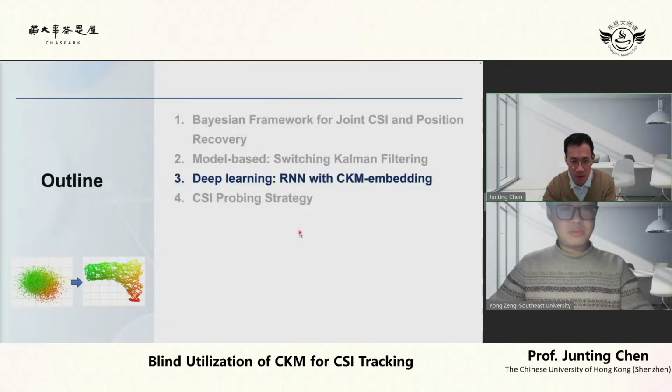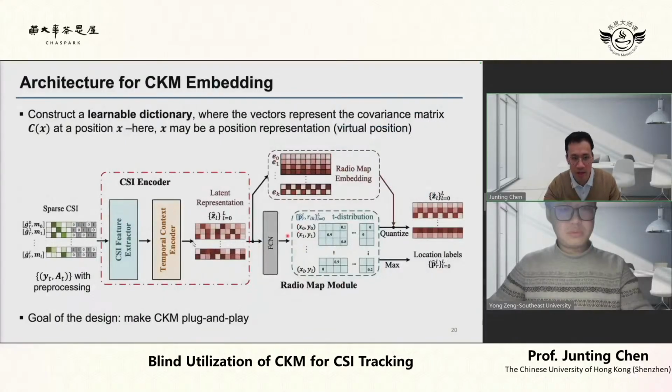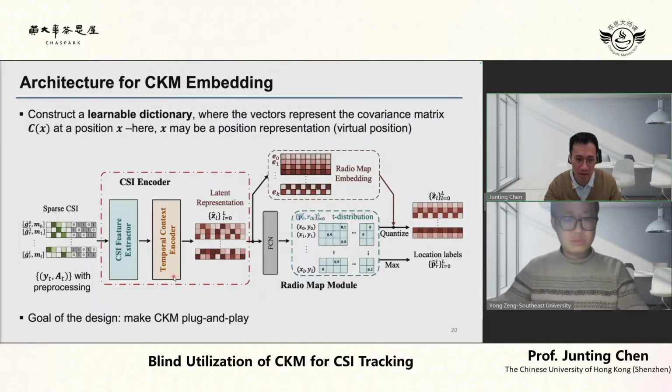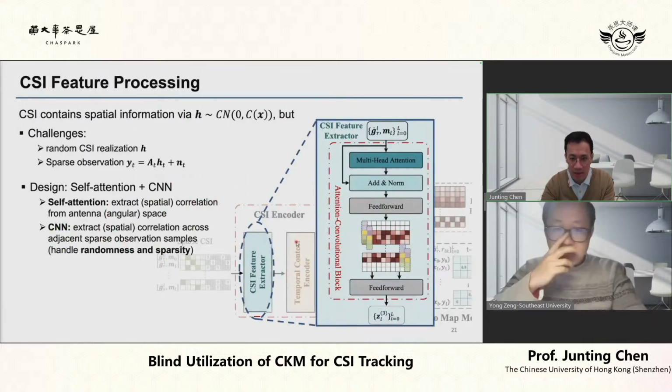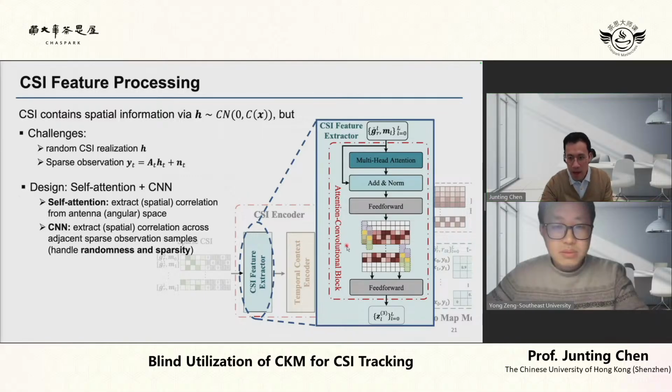And the deep learning model tries to exploit this correlation using the CSI feature extractor and temporal context encoder, in the sense that we developed this module to extract the correlation across measurement samples, as well as correlation across antennas. To extract the correlation across antennas, we use a self-attention module.